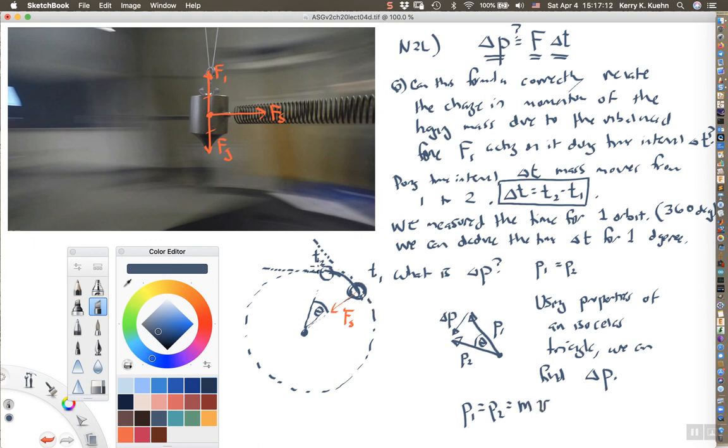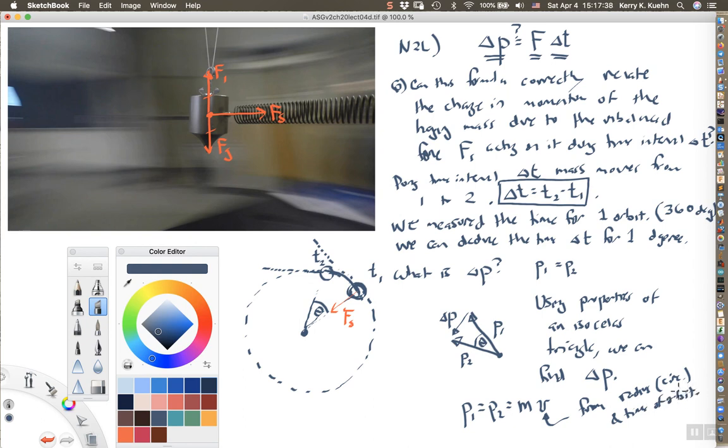Well, we know how much time it takes to get around this orbit, and we know the distance it goes in one orbit from the radius of the orbit, so we can find the speed. So we can get this from the radius and hence the circumference of the orbit and the time of the orbit.